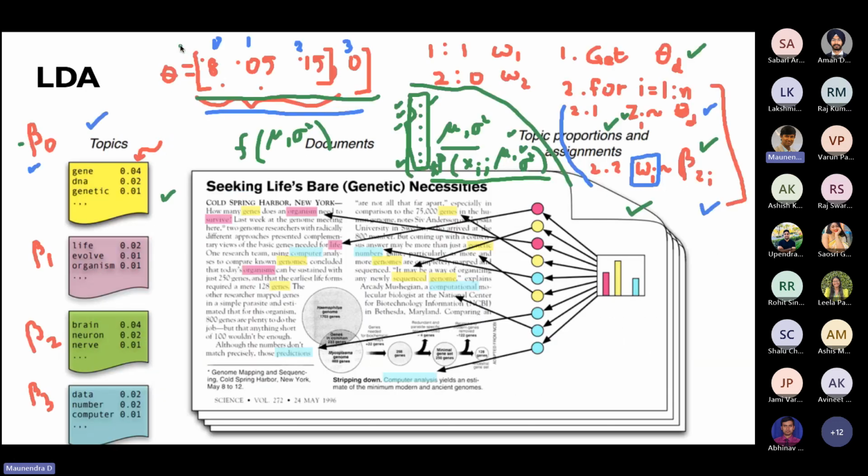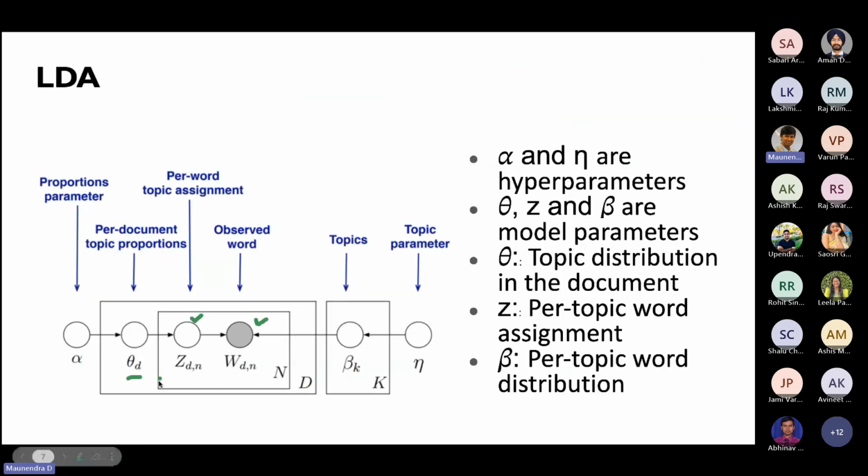One point to note here is that this theta is a probability vector, and this beta is also a probability vector. So we need a distribution whose output can be a probability vector, where we can assume there is a collection of infinite probability vectors, and this method gives us one single probability vector. That means this process is for getting theta d and getting beta k.